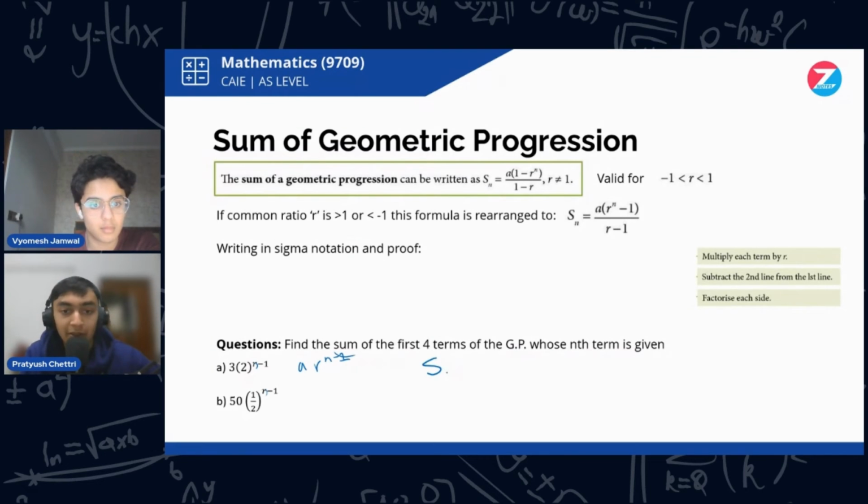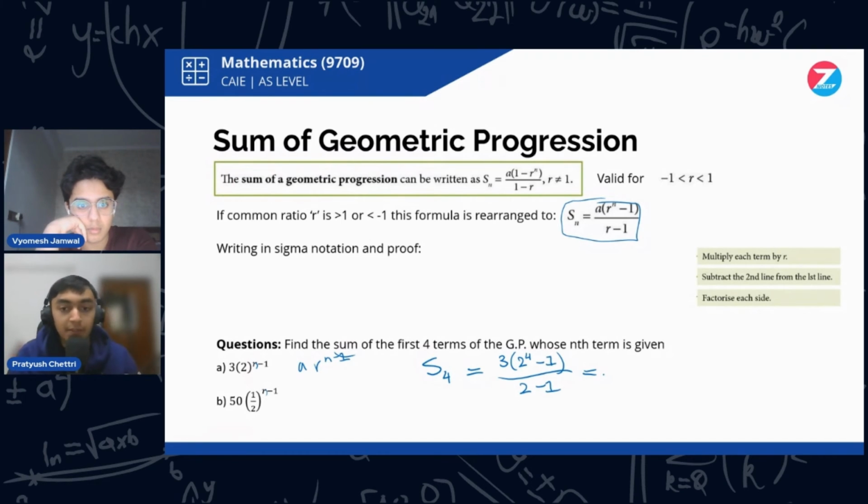So we want the sum of the first 4 terms, S4. The first term is 3, and wait a second, the common ratio is more than 1, so I'm going to use this form of the formula. S4 is 3 times (2 to the power 4 minus 1) over 2 minus 1.